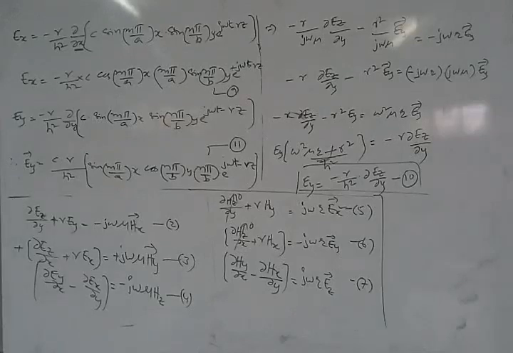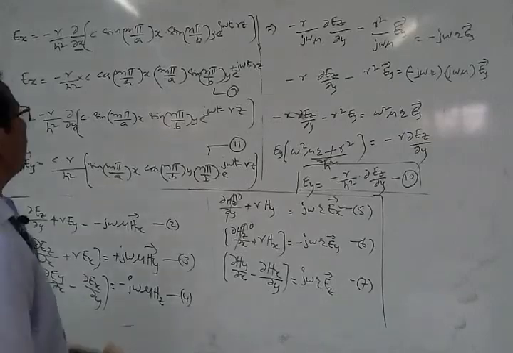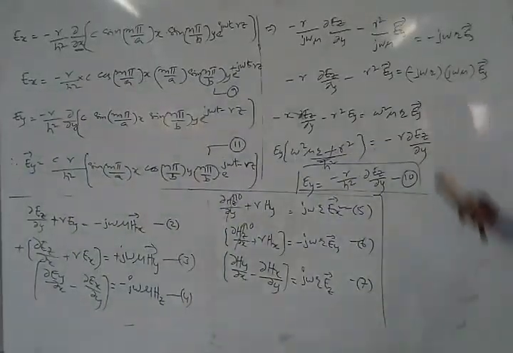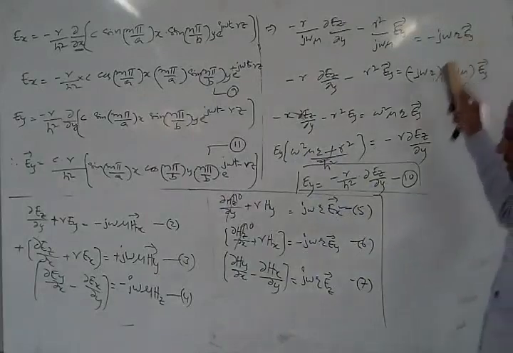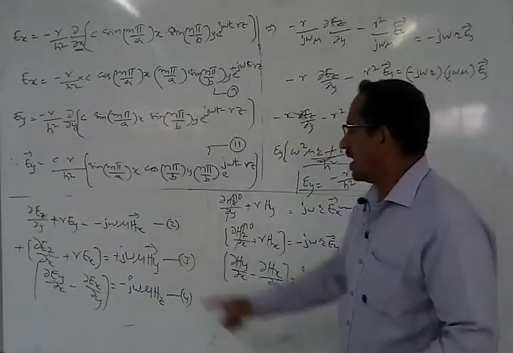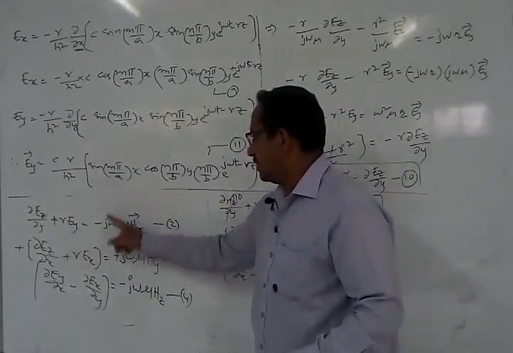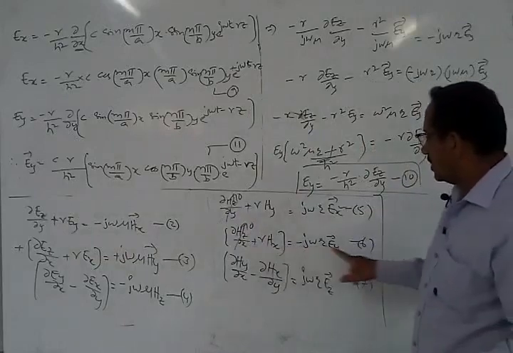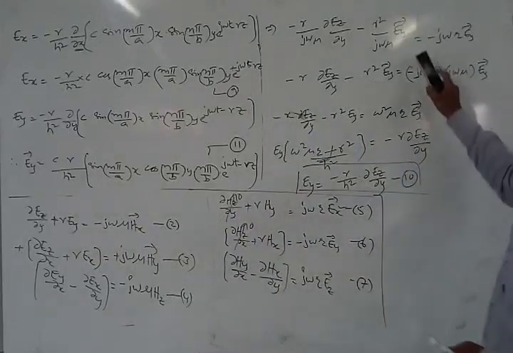Now I want to go through this equation once again, right? So we will be looking for solving for the Ey component. To get into the Ey component, what we did now, we simply took Hx from equation 2 as this, and this Hx equation we have substituted in equation number 6. Once we substitute in equation number 6, we have got this equation.